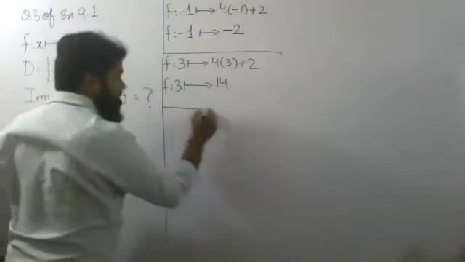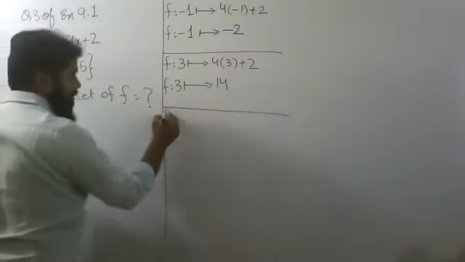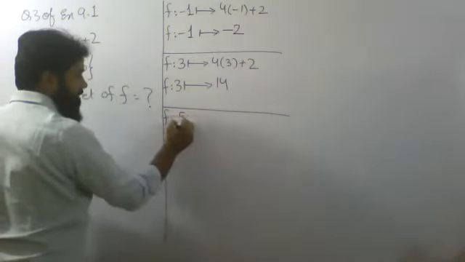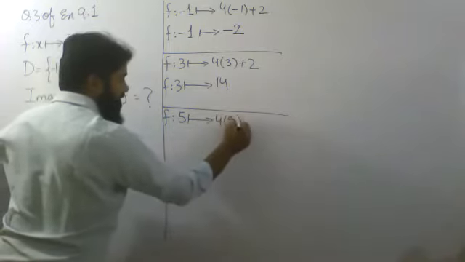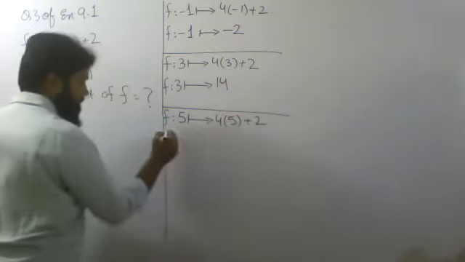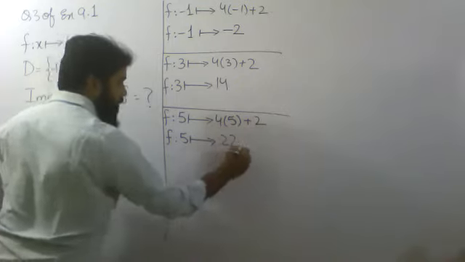Last one, 5. So f of 5 is 4 into 5 plus 2. Simplifying it, 4 times 5 is 20, plus 2 is 22.